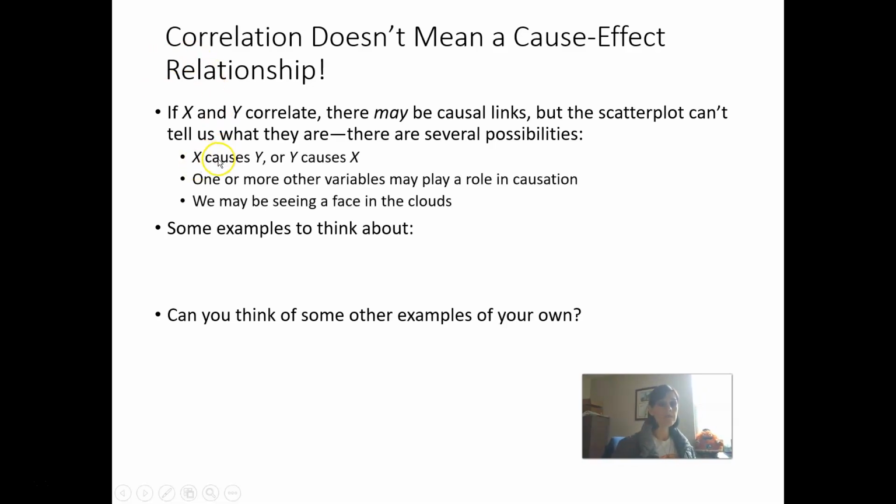So it could be that X causes Y or Y causes X, and we can't determine which is which with the data that we have. It could be that one or more other variables play a role in causation. Additionally, we could be seeing a face in the clouds.